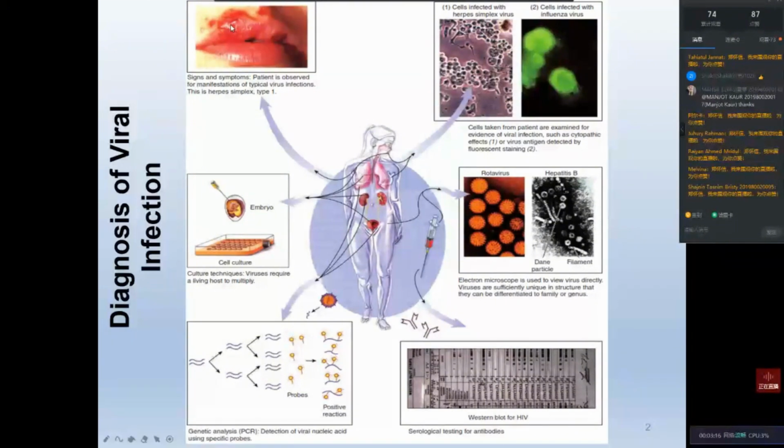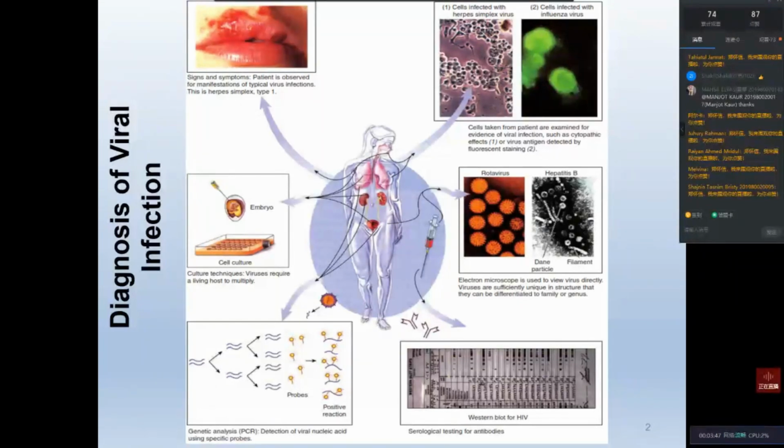Or if you really want to check the morphology of the viral particle, you can use an electron microscope to see the particle. Or we can use molecular biology methods to detect the viral nucleic acid, either DNA or RNA. So you can use PCR to amplify the viral DNA or RNA, or you can use some probe to hybridize with the viral nucleic acid.